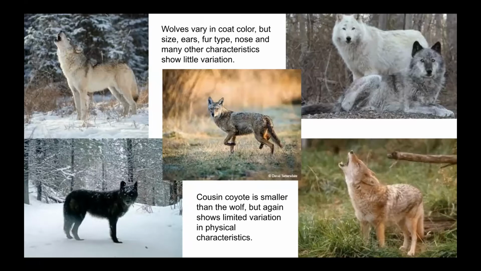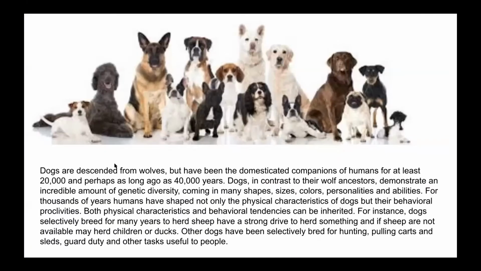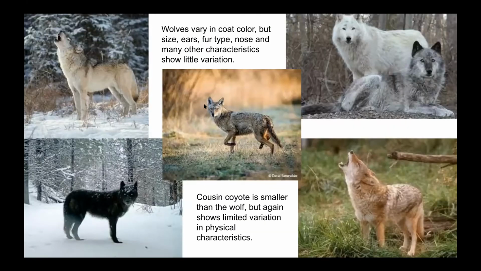But if you look at them, they all have those pointy ears, that pointy nose, long legs, and nice thick fur. So they have some variation, and those color variants are inherited, as are the basic shapes of the ears and the nose.